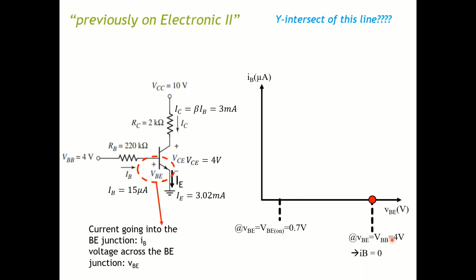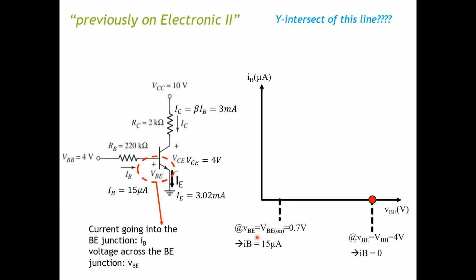Okay, what's next? Next, I also know about a condition when the voltage across equals VBE on, which is 0.7 volt. I know that because I did the calculation in the previous lecture.